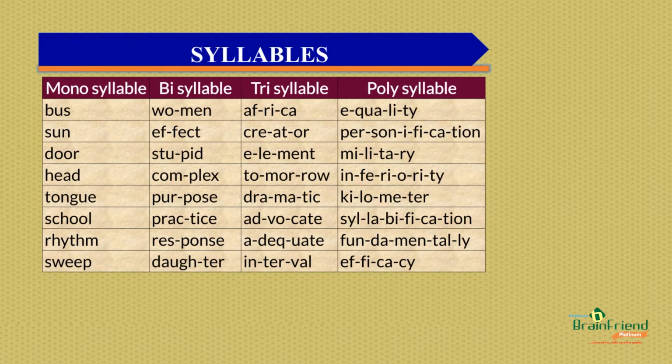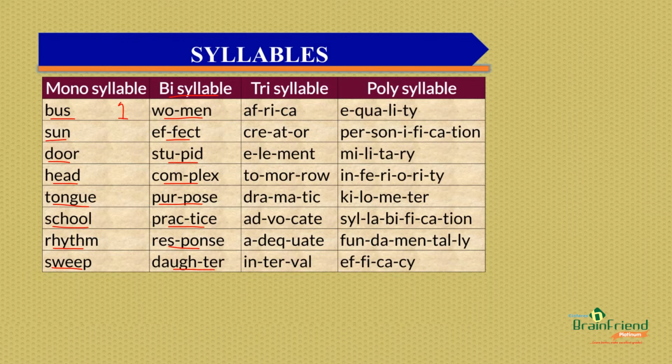For the monosyllabic words, we have bus, sun, door, head, tongue, school, rhythm, and sweep. All these words have just 1 syllable. For the bisyllabic words, we have women, effect, stupid, complex, purpose, practice, response, and daughter.